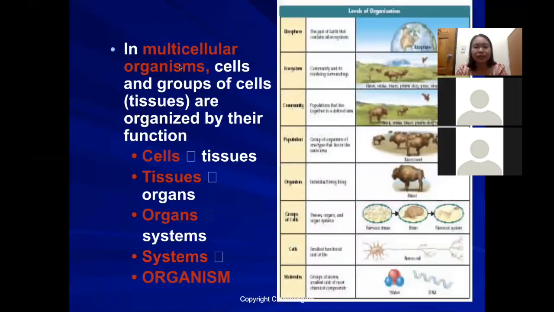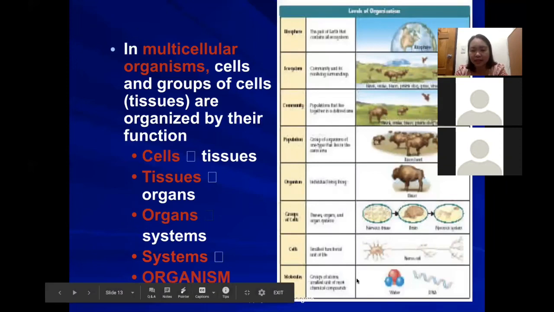So multicellular organisms can form groups of cells called tissues. Tissues are groups of cells, and they are very organized based on their functions. So cells, tissues, organs, systems, and organisms.